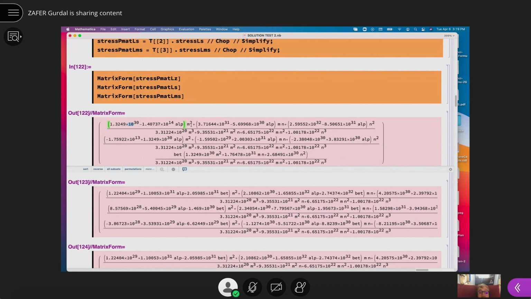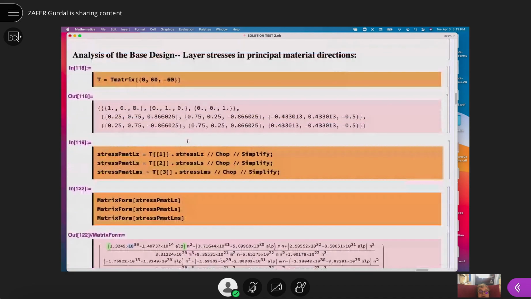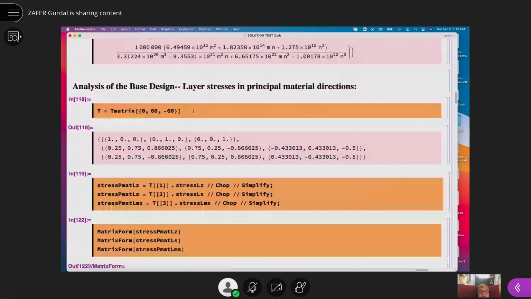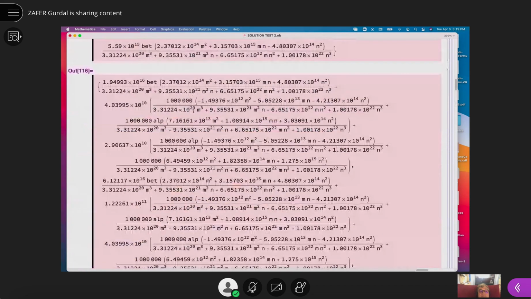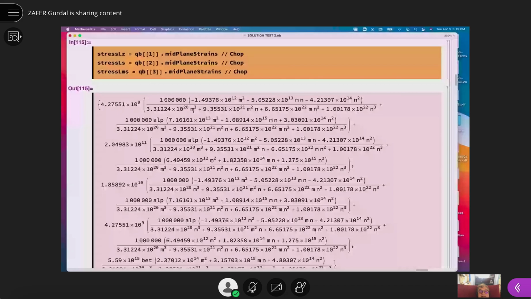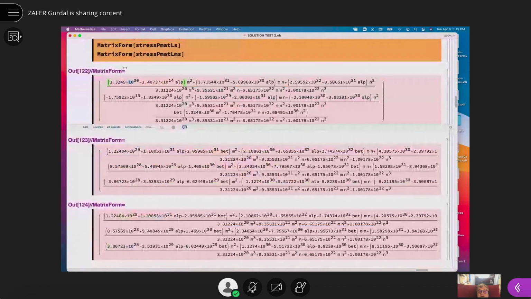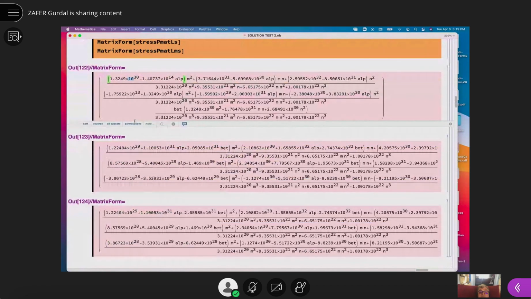So this is sigma x along the fiber direction, which should be the same as the principal material direction before transformation. It's only 1, 0, 0, 0, 1 with that. So if you want to see that, it should be up there somewhere, this one. So for some reason, this and this are the same. So these are the principal material directions.